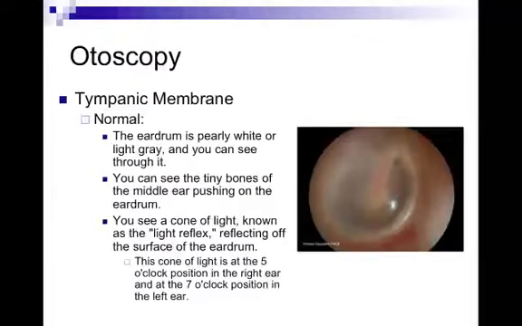After examining the ear canal, we look at the tympanic membrane. A healthy, normal tympanic membrane should be pearly white, slightly gray, and you should be able to see the important landmarks, including the cone of light, the shadow of the malleus, and the annulus, the outer ring of the tympanic membrane.